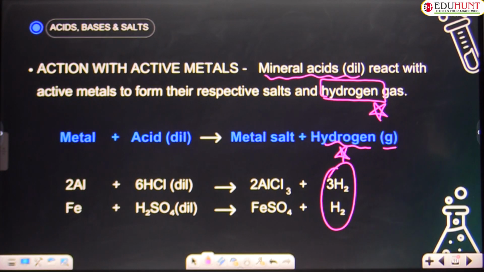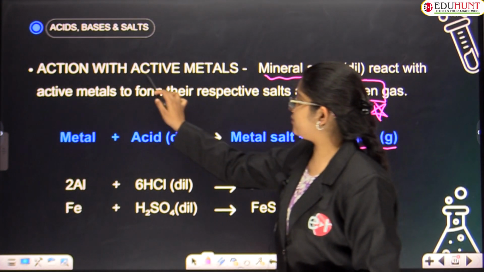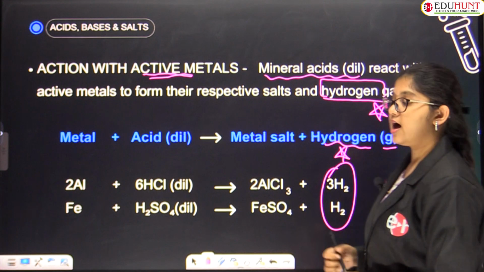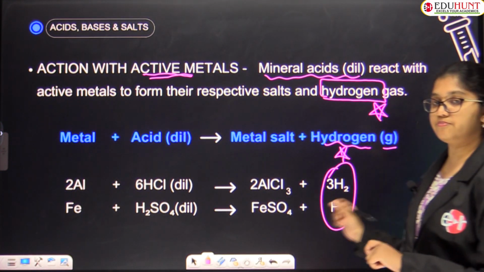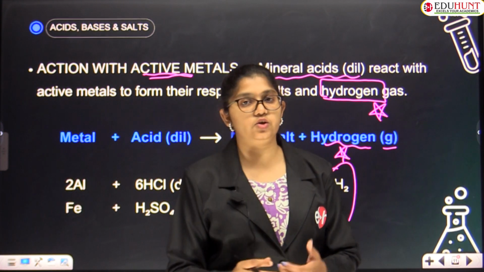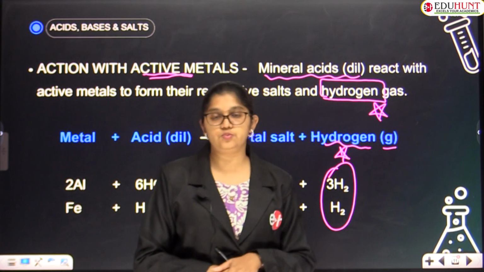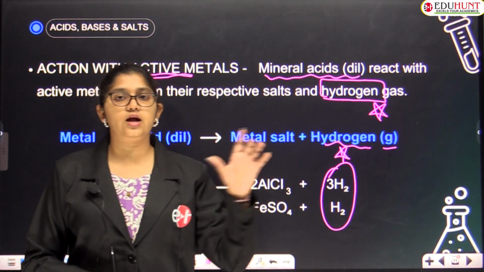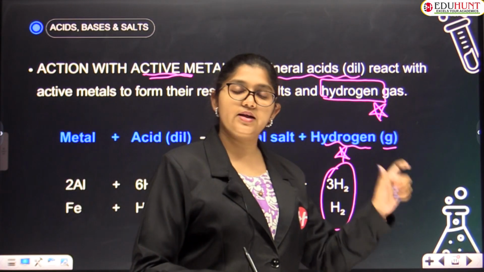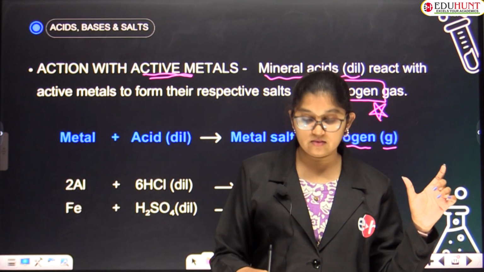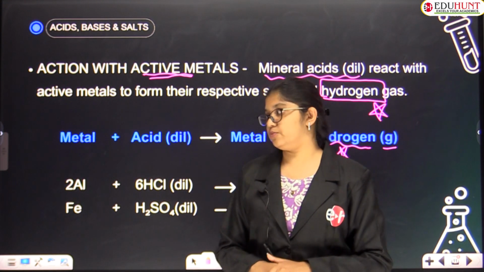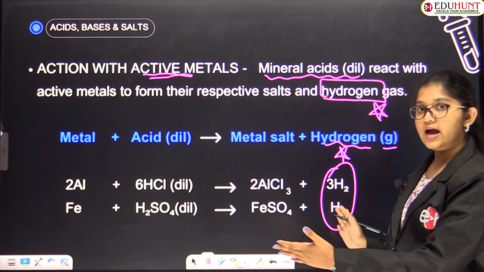Last, in the presence of active metals, which particular gas is it giving? Hydrogen gas. That is the key property regarding your bits section. You'll have all these things in your worksheet bits. Remember the gases carefully. They'll ask you which gas you get from the action with a particular metallic compound, so in the reactants and products, we have to see and remember carefully.